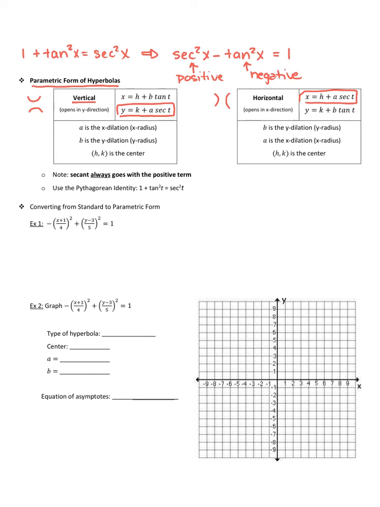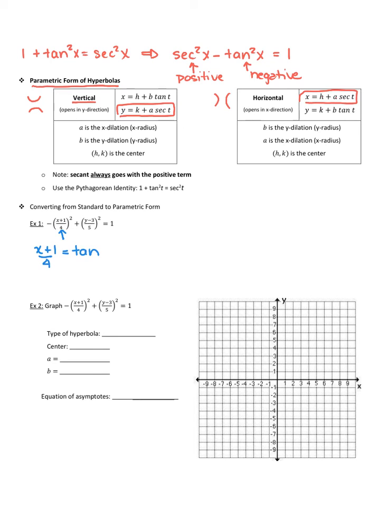Let's go ahead and look at how you would do this translation. So when I look at this, x is my negative term. So I'm going to take the x plus 1 over 4, and I know that because it's the negative term, it is going to equal the tangent.